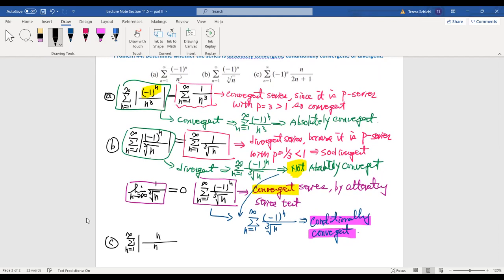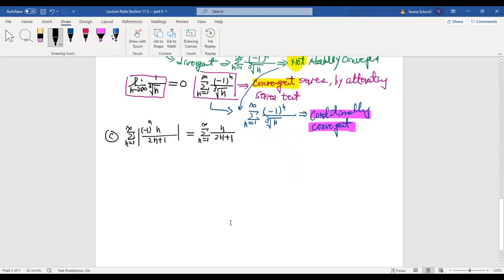This is n over 2n plus 1, times (-1)^n, so the sum is n equal to 1 to infinity of n over 2n plus 1. Because the negative is to the nth power, with the absolute value it just becomes positive.